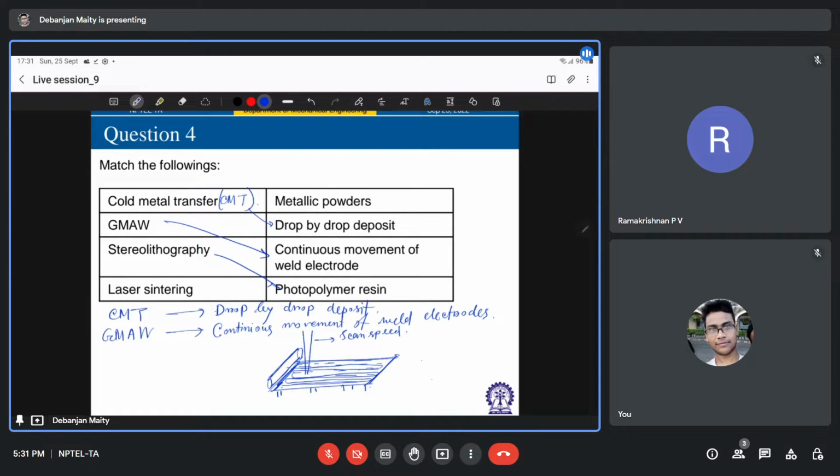Then again you spray your powder over that layer, again you roll it over, and then again you melt it through the laser. So it's basically layer by layer deposition. What is the basic and primary mechanism of additive manufacturing?